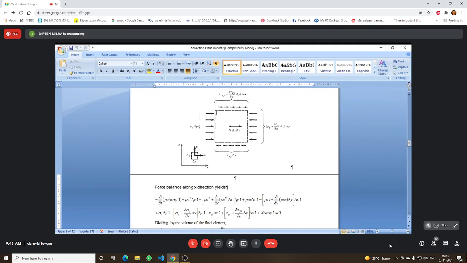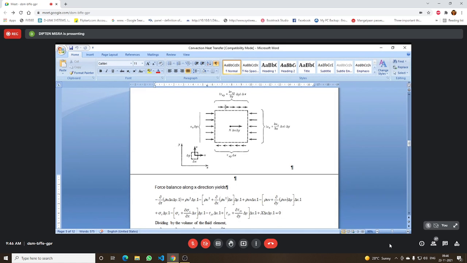These stresses are due to forces which are acting along the x direction. But there is a difference between this stress and this stress. This stress is acting on a face which is perpendicular to the x direction, and this stress is acting on a face which is perpendicular to the y axis or y direction.